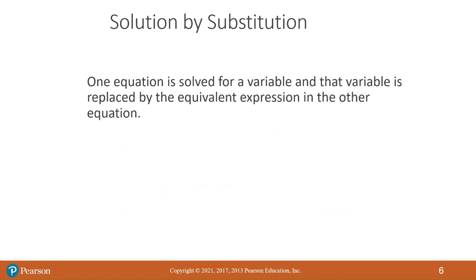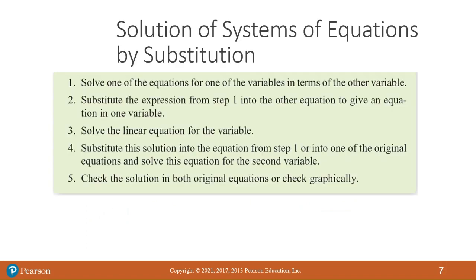We could solve by a method called substitution, where one equation is solved for a variable, and that variable is replaced by the equivalent expression in the other equation. Step by step, here's what's going to happen. Step one, we solve one of the equations for one of the variables in terms of the other variable.